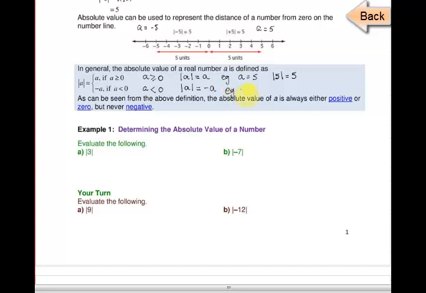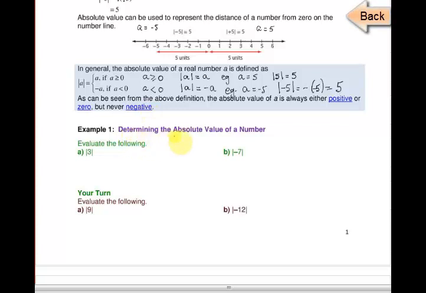An example, let's say that a is equal to negative 5, then the absolute value of negative 5 is equal to negative negative 5, which is equal to positive 5. As can be seen from the above definition, the absolute value of a is always either positive or 0, but never negative.